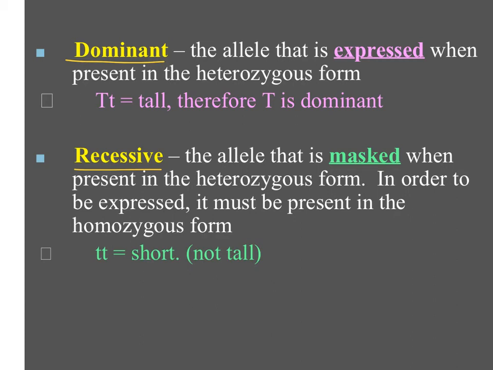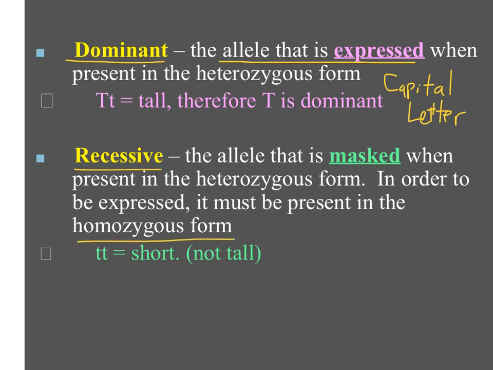Dominant is an allele that is expressed. Whenever it's there, it's going to be expressed, and usually it's going to be the capital letter. Recessive, on the other hand, will not be expressed unless it is in a homozygous form.